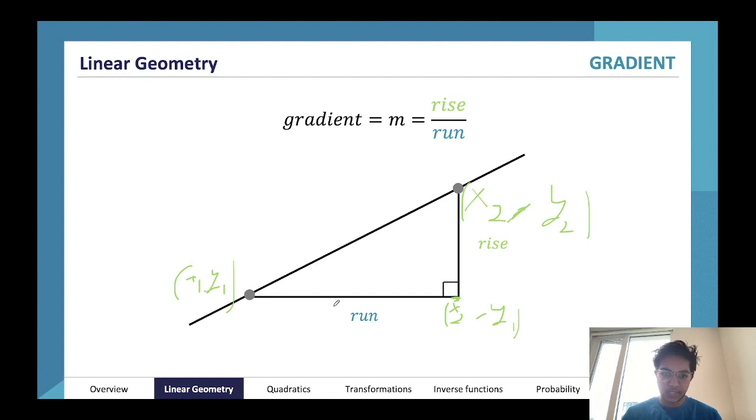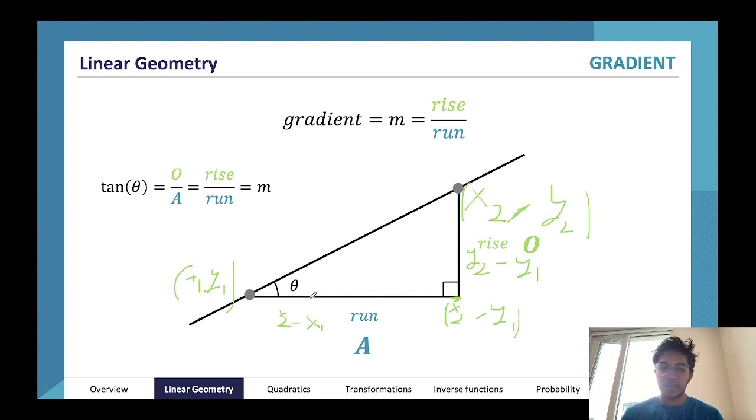So really, the distance between this point here and this point here is just going to be x2 minus x1 and y2 minus y1. Okay, so now you can see rise over run is just y2 minus y1 divided by x2 minus x1.